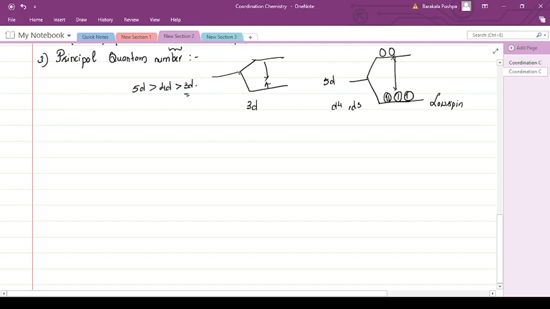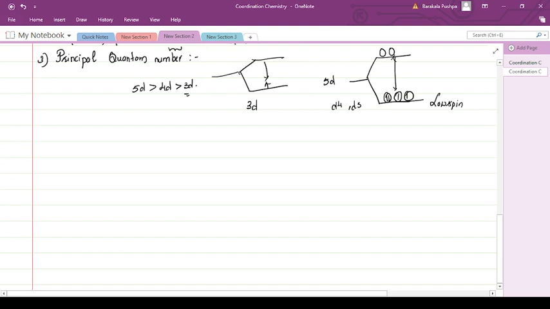Here, the transition elements participating with the ligands belong to the d block. They are of the 3d series, 4d series and 5d series, and 3d, 4d, 5d describe the quantum number of the electrons. For 5d orbitals the magnitude of splitting is very high. That means the distance between the t2g level and the eg level becomes very high.